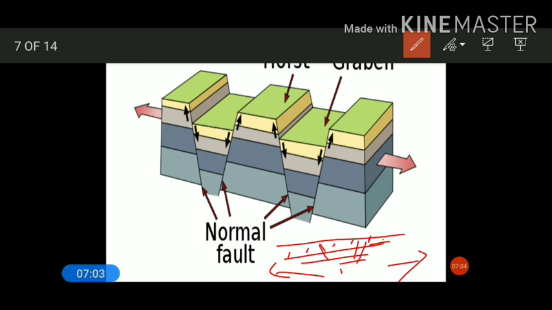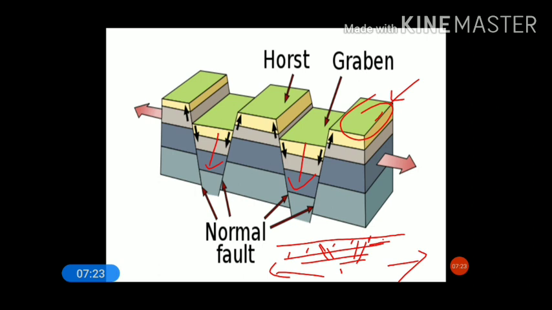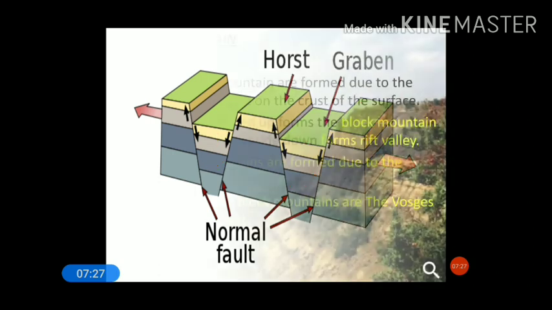This process is called faulting. Due to the faulting process, one block moves downward and the other remains on the upward side. This upward block is what we call a horst, and the downward shifted block is known as a graben. These kinds of landforms are developed due to faulting.